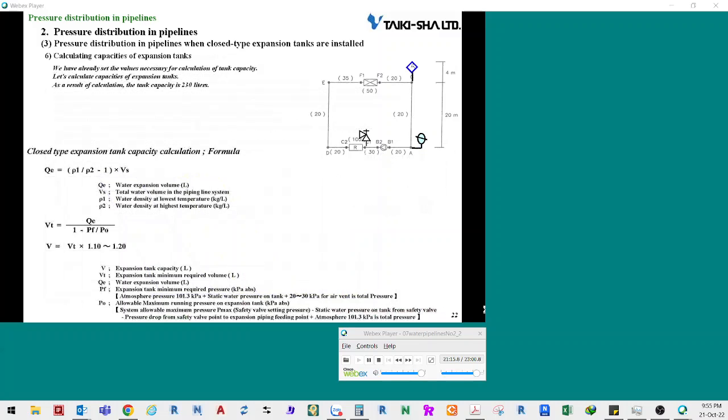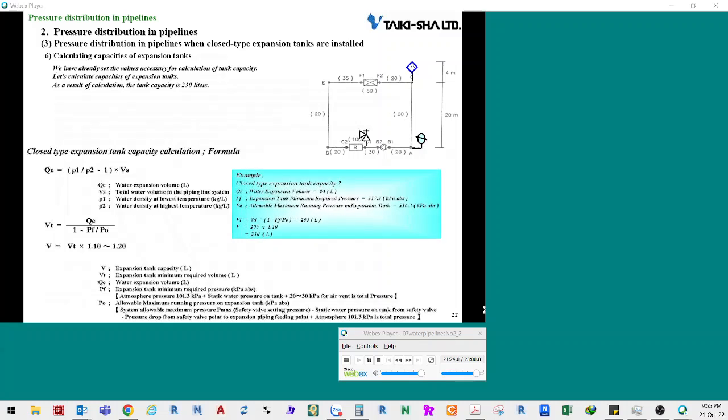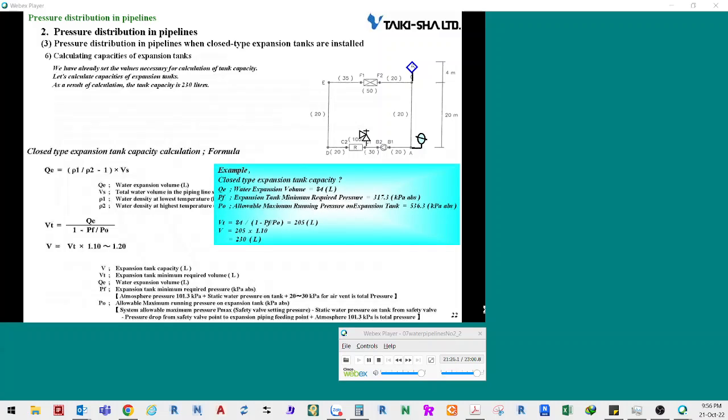Calculating capacities of expansion tanks. We have already set the values necessary for calculation of tank capacity. Let's calculate capacities of expansion tanks. As a result of calculation, the tank capacity is 230 liters.